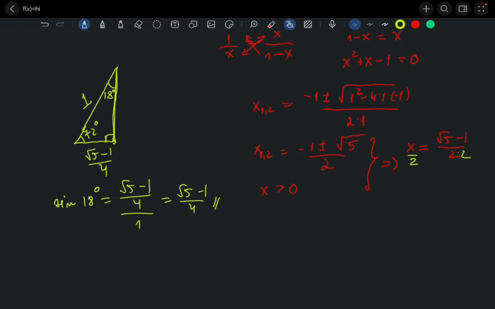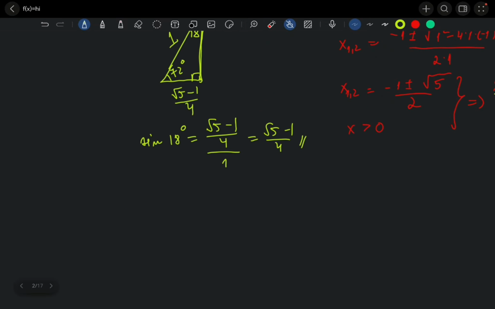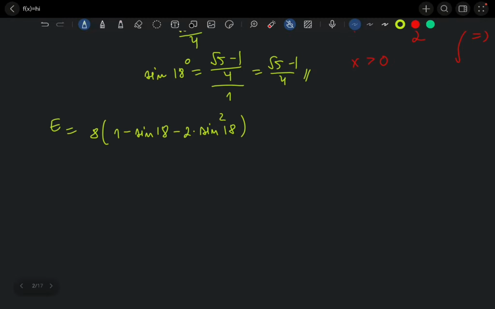Now, with this value, we go back in our simplified expression, and we get that E was equal to 8 all over 1 minus sine of 18 minus 2 times sine squared of 18 degrees.